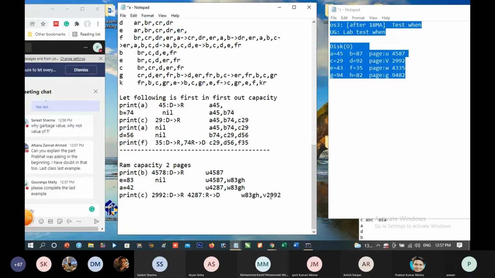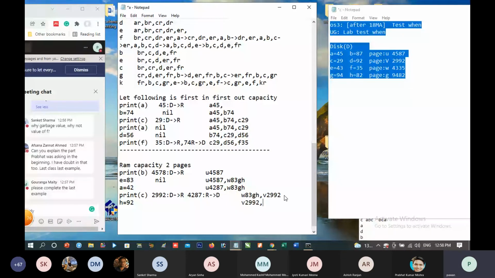Now, suppose we are writing H equal to 92. Then 2992 will remain as it is.